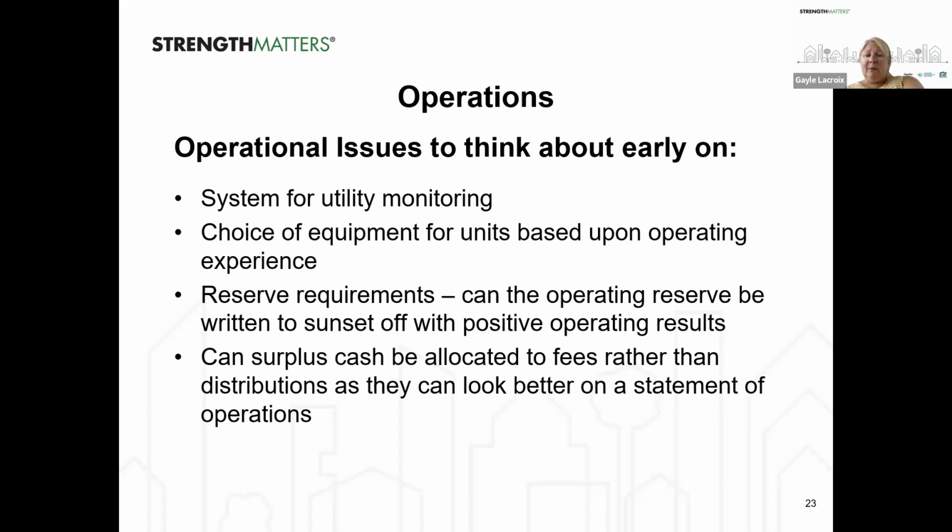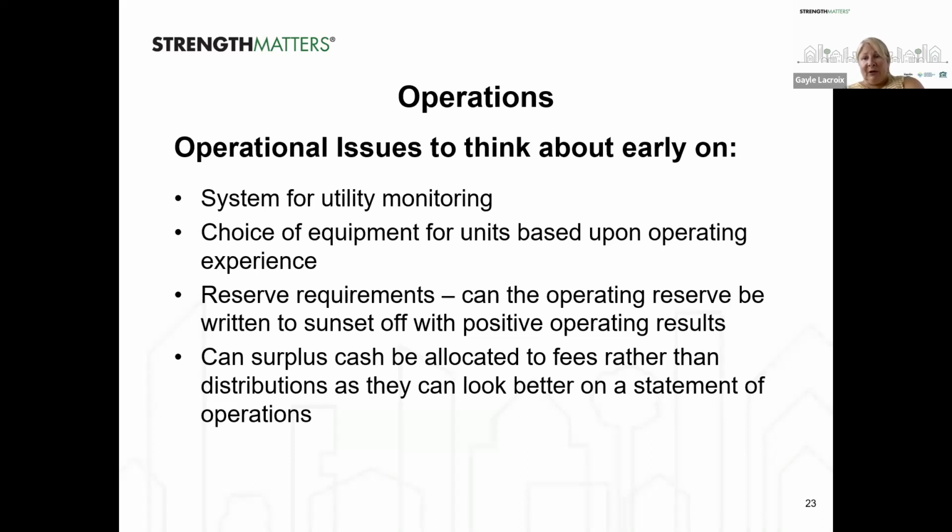Right. Reserve requirements, we talked about sunsetting off if you have positive operating results. The other thing I was able to do once successfully with a nonprofit that had some investments, I was able to post a letter of credit or line of credit against a portion of the investment portfolio to serve as an operating reserve. And I was therefore allowed to take the cash that we would have had to put into a bank account, and it actually was able to pay development fee.